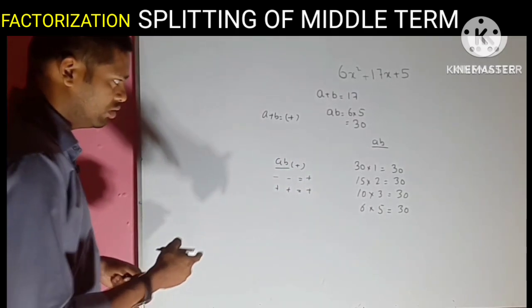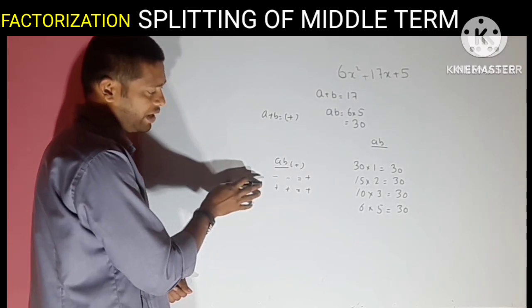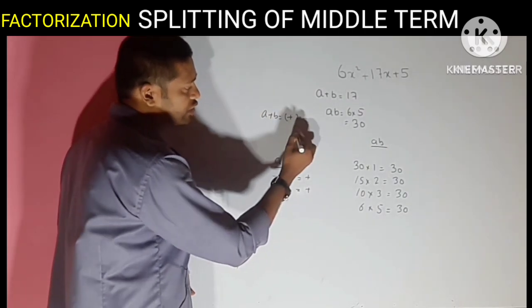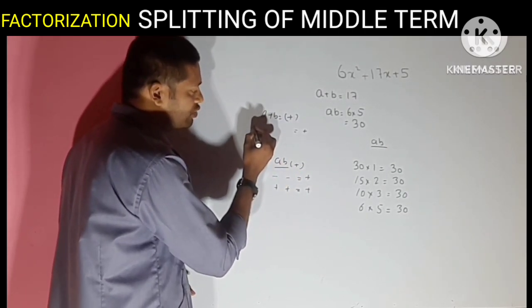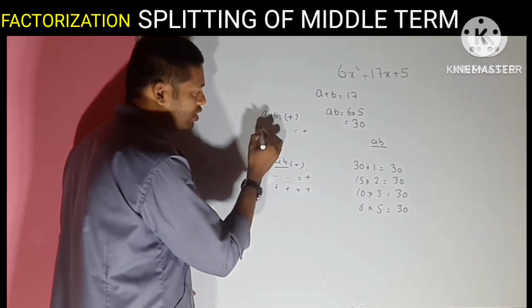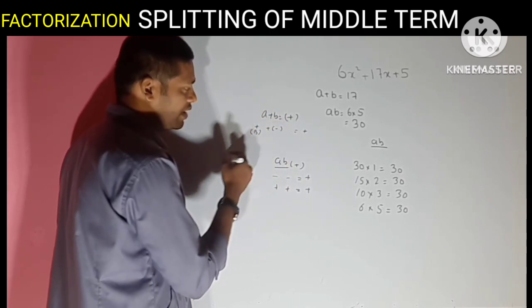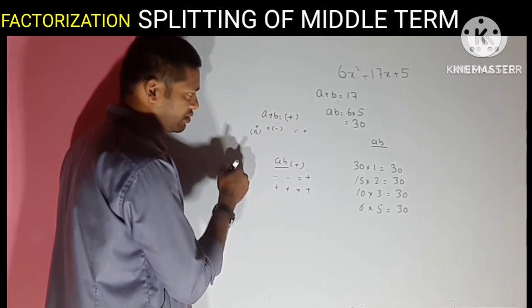Any of the above two, but we will make it final which one to take, minus or plus. I need to have plus here. The bigger value should have a plus sign, and the smaller value having a minus sign.